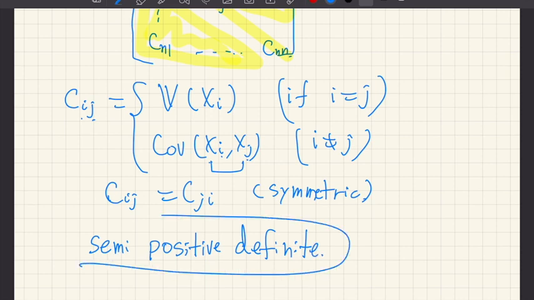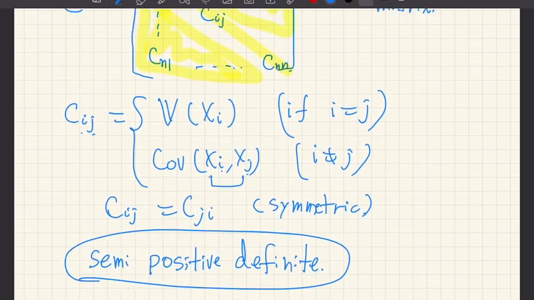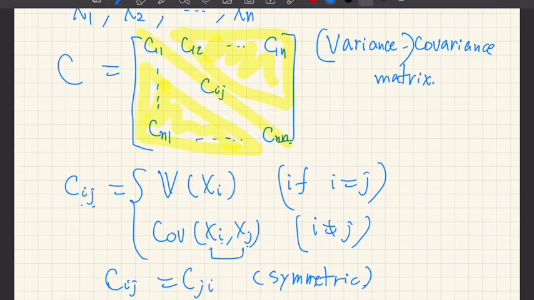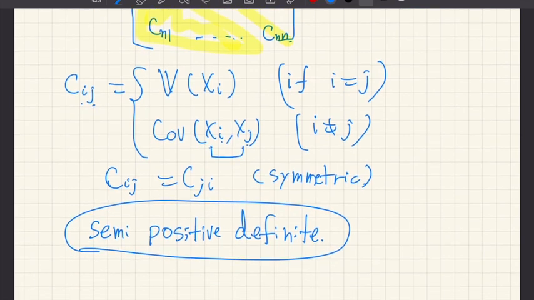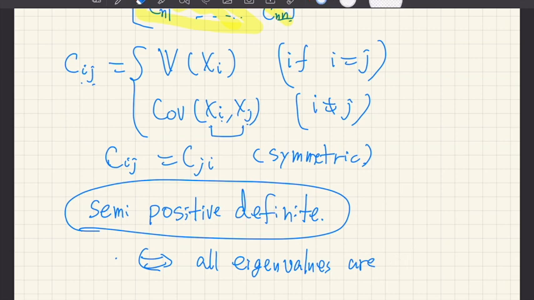Well, in essence, it means all the eigenvalues of the covariance matrix are non-negative. So that means all eigenvalues are greater than or equal to 0.